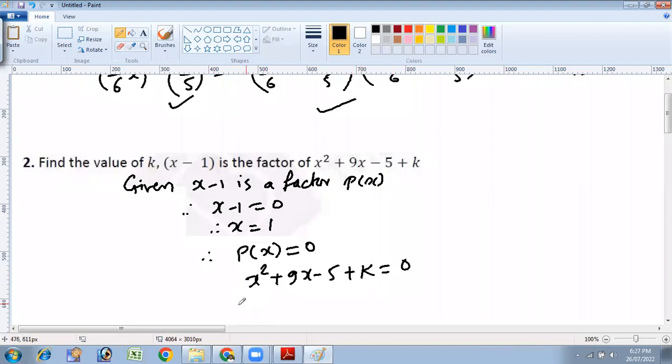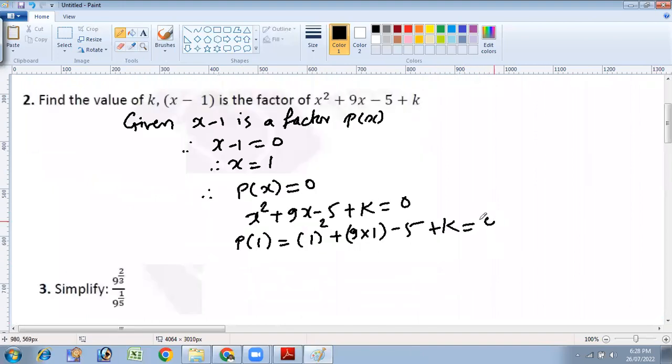Then p of 1, we put x value 1. So 1 square plus 9 multiplied by 1 minus 5 plus k, and then it equals 0.